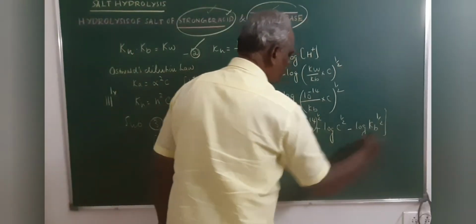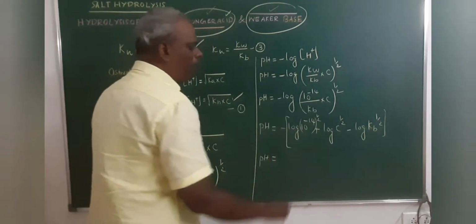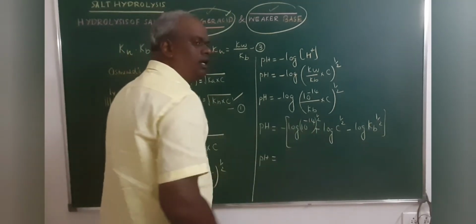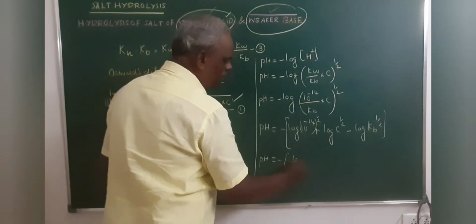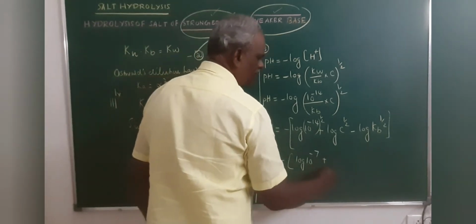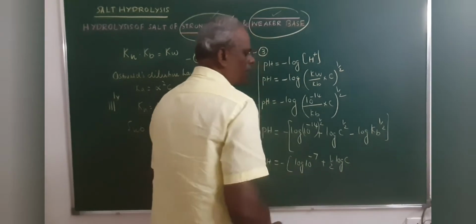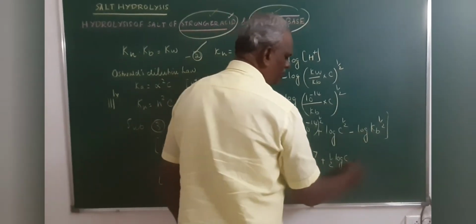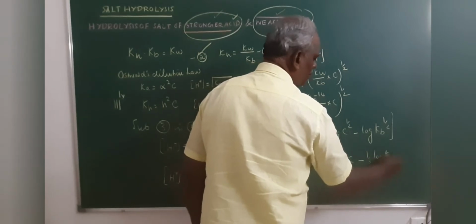Now the same is written as follows: pH is equal to minus, with minus 14 into half written as log of 10 power minus 7, plus half into log C, minus half into log Kb.